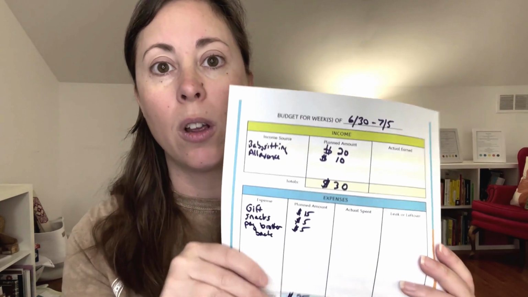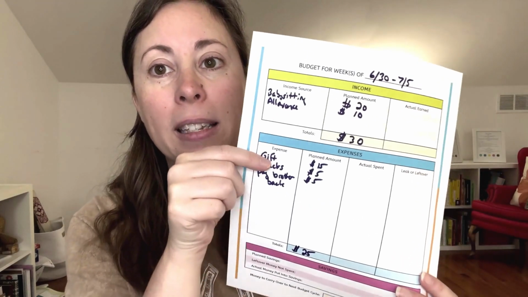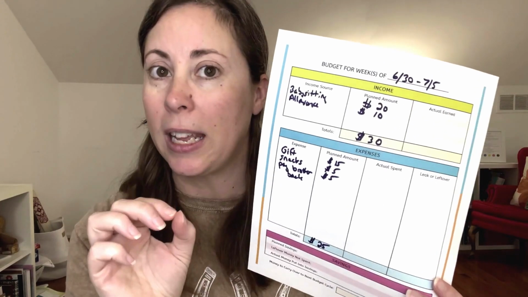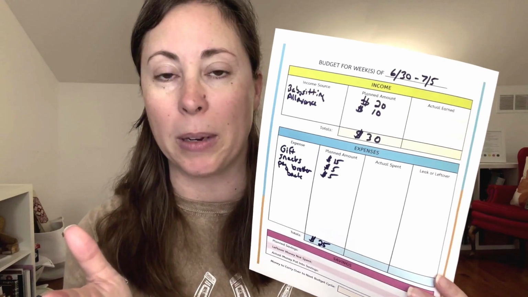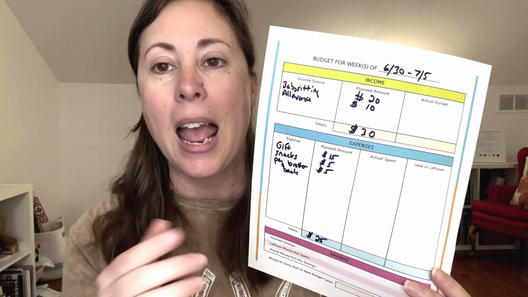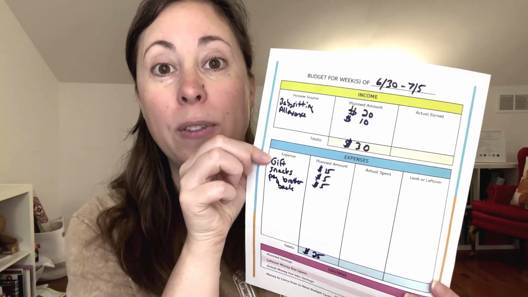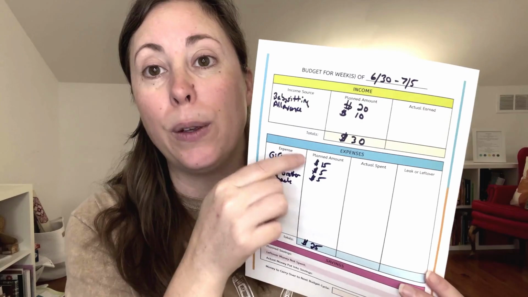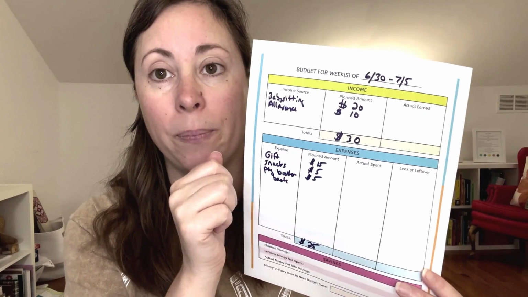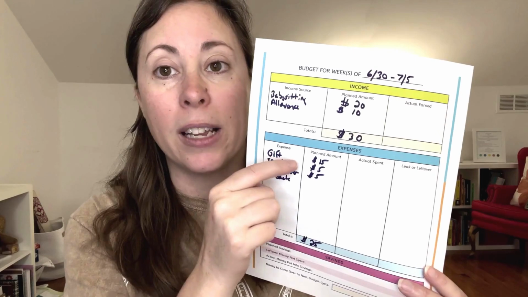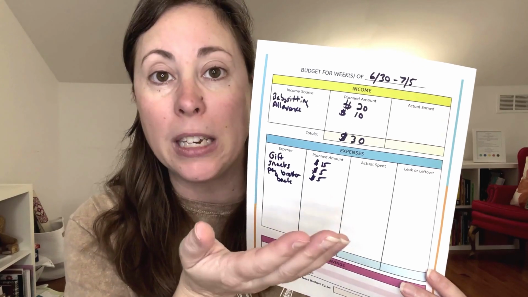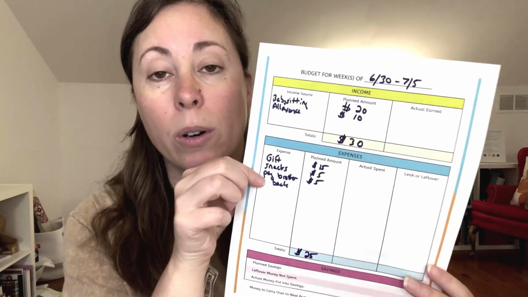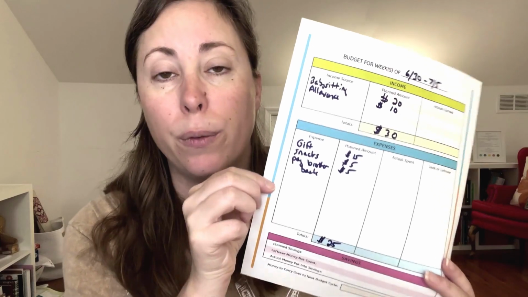Then for expenses, this person looked on their money calendar and saw that they have a birthday party coming up that they get to go to this weekend. And so they want to buy a gift and they're estimating that they're going to spend $15 on that gift. Snacks they need to buy for an estimate of about $5 from the vending machine at school or somewhere else. And also they need to pay their brother back $5.